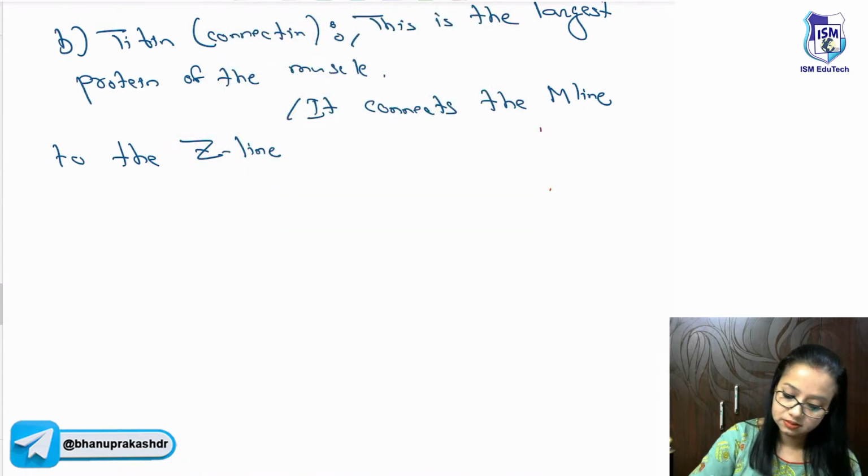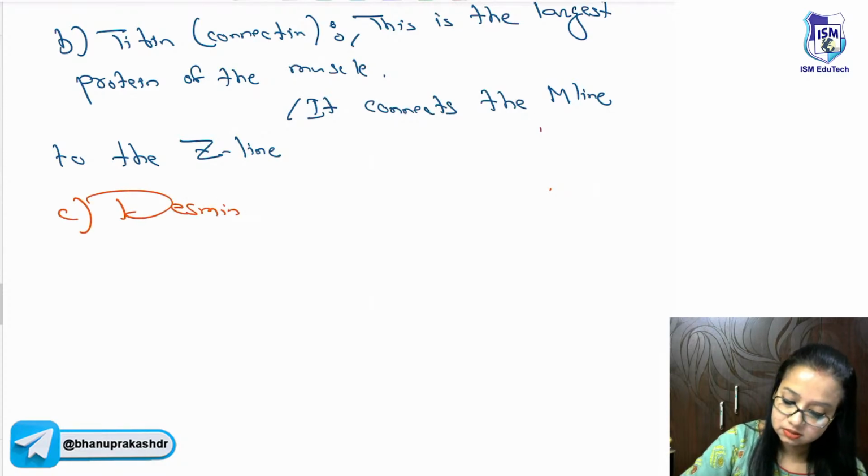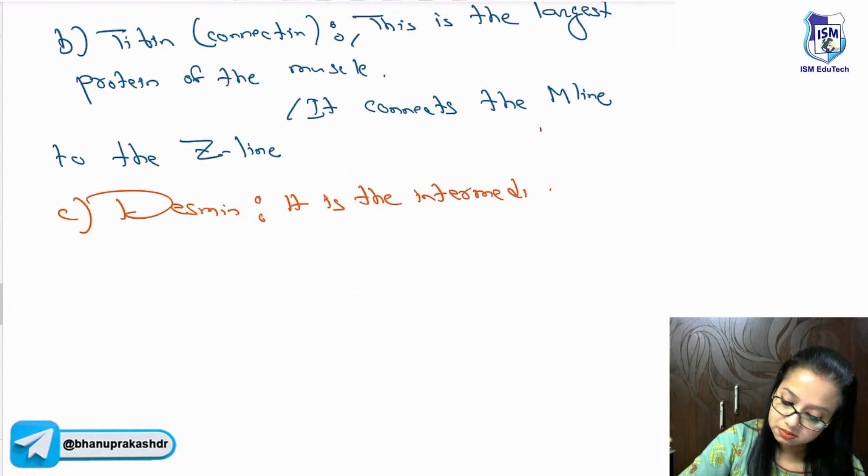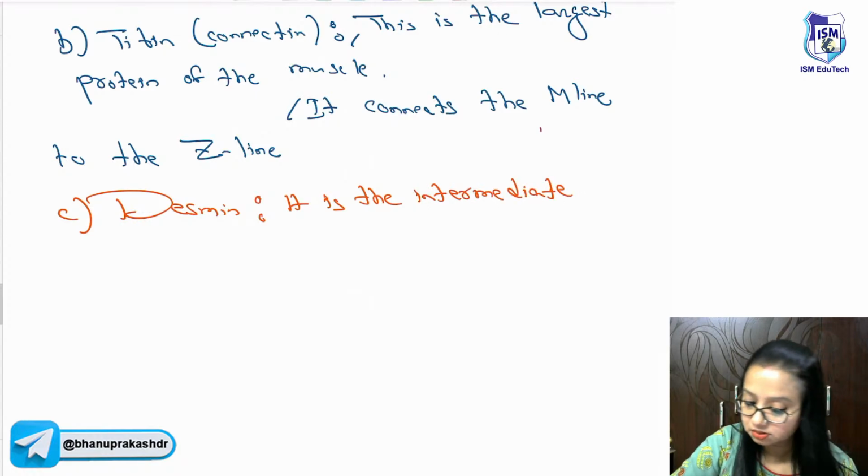Next is desmin. So desmin, it is the intermediate protein.